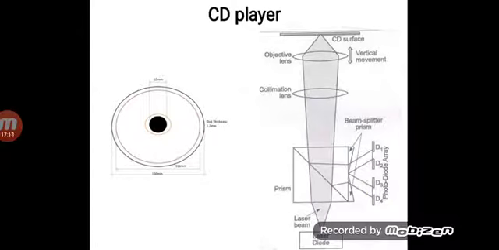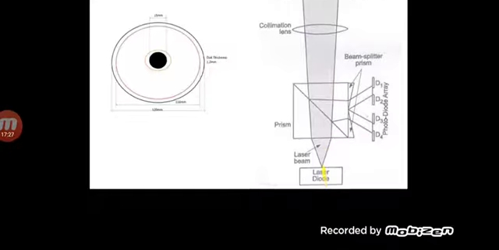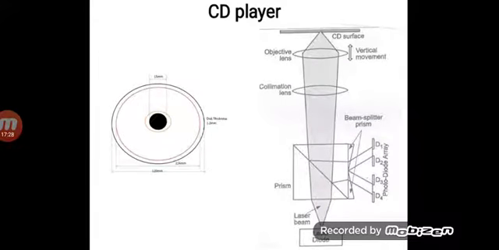This is the kind of structure that we use in a CD player, where once a beam is hit, it is focused and hits the CD surface.